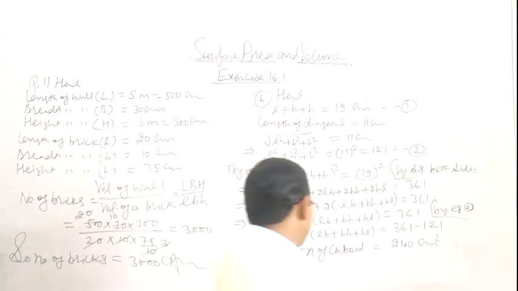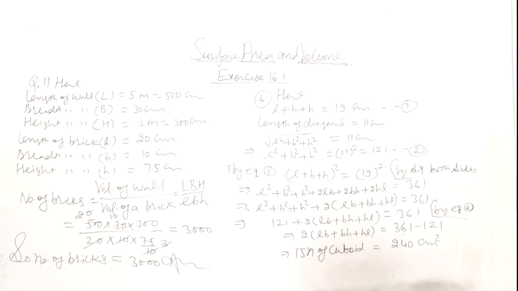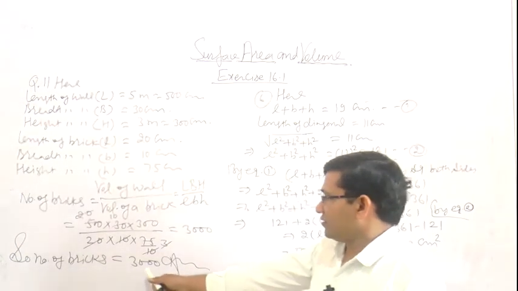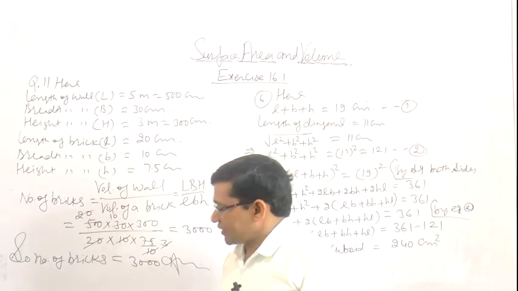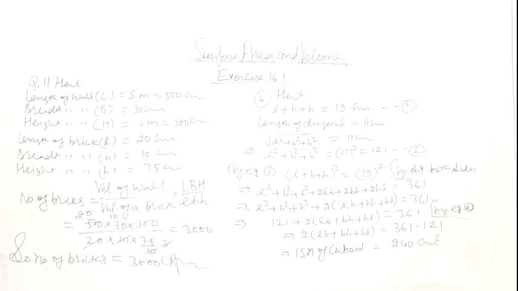So for the complete wall we require 3000 bricks. How many bricks? Total 3000 bricks we require. So in this question, length, breadth and height of wall are given, and length, breadth and height of a brick are given.